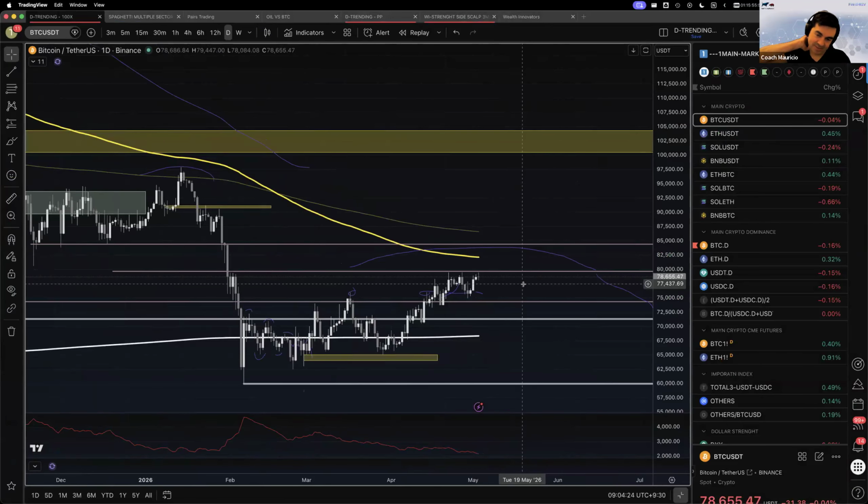Okay, so these levels here get really iffy to trade. But with that being said, if we do break it, there's going to be a lot of shorts that get liquidated, and it could actually fill that gap quickly. So this will happen quickly, and it will be really hard to get a position on that gap if it happens.